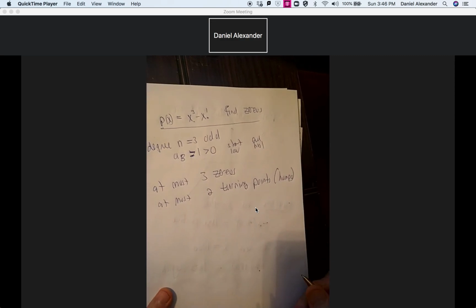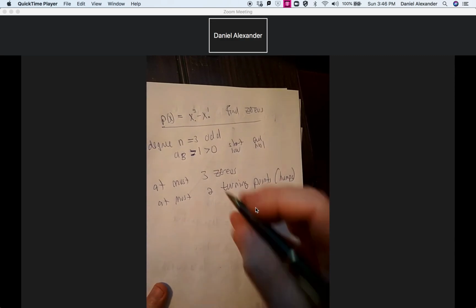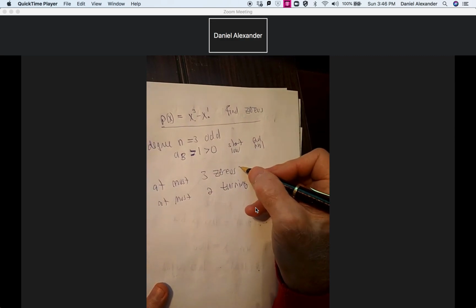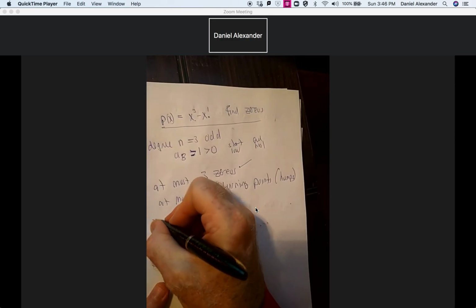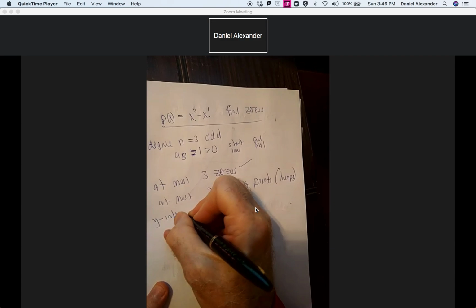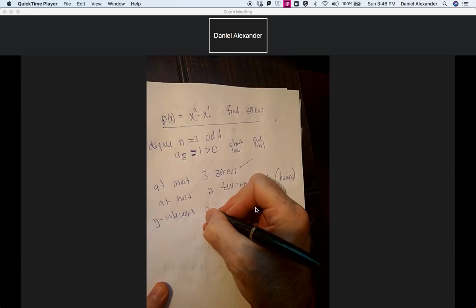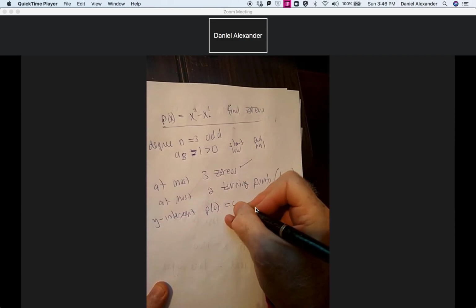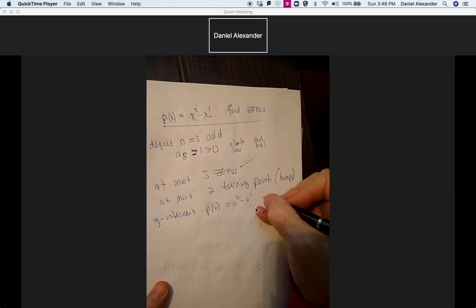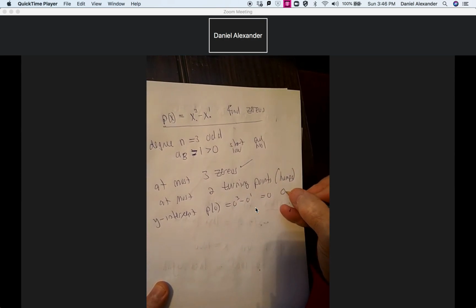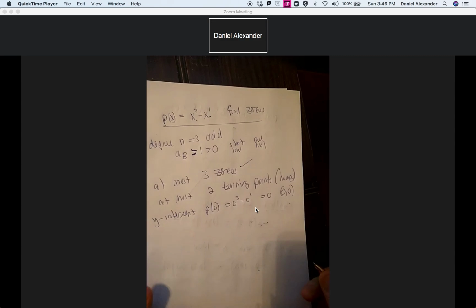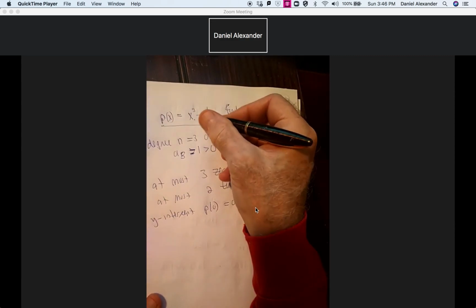Okay, so I know a few things. Now I'm going to try to find the zeros. And then I want to find the y-intercept. That's going to be p of 0, which is 0 cubed minus 0, which is 0. So the y-intercept is the origin. Now I'm going to look at this and see if I can factor it.